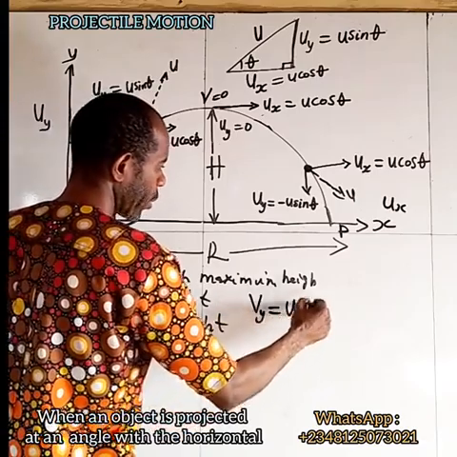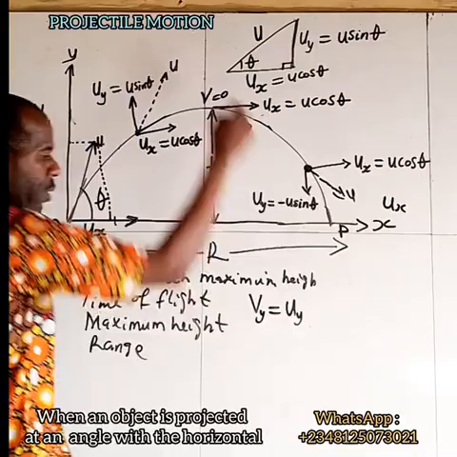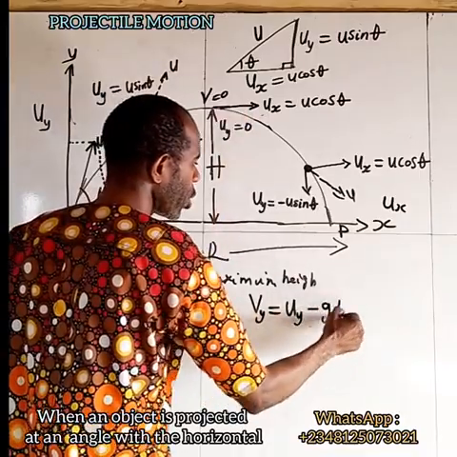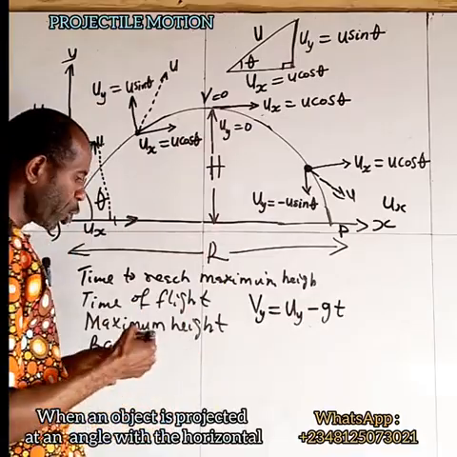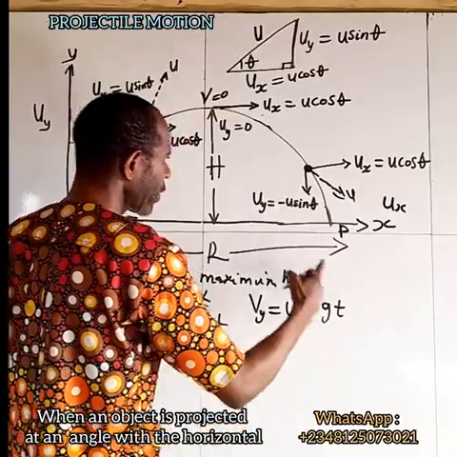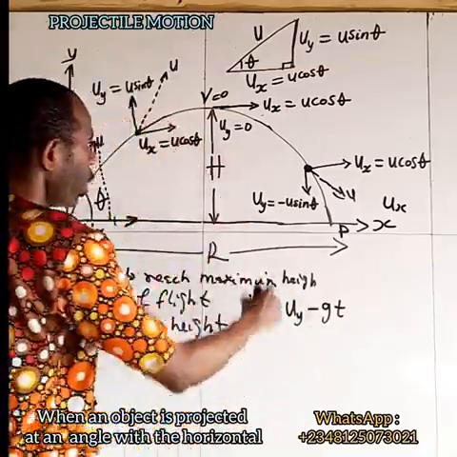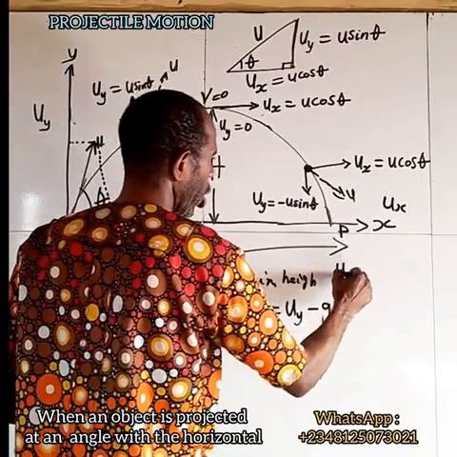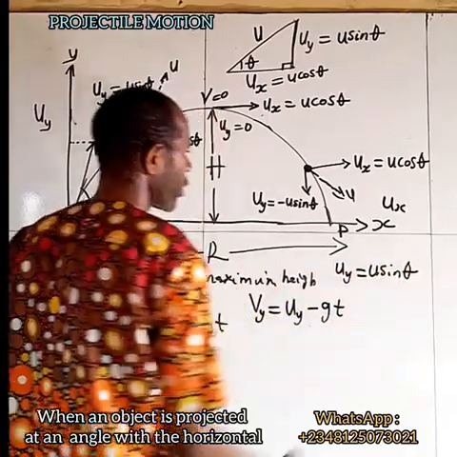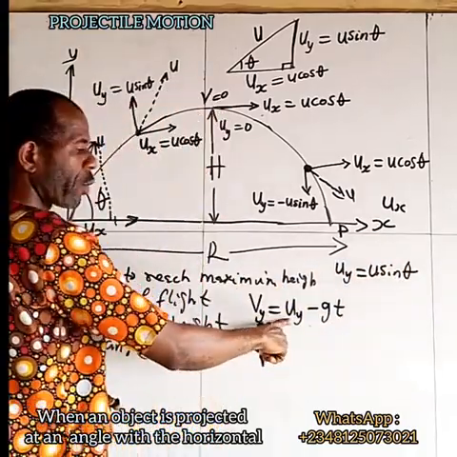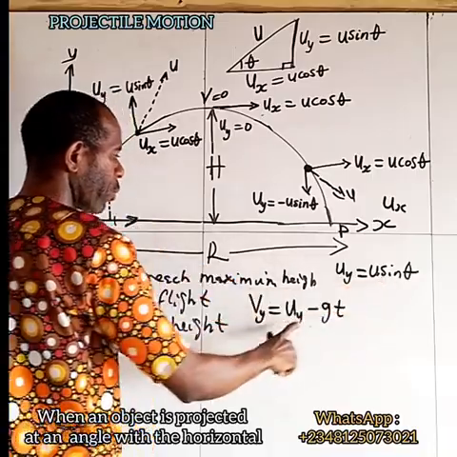Uy, as we are going upward, now we are projecting against gravity, which gives us a minus gt. So remember, this is our equation 1 of motion. Now, at this point, remember that Uy is equal to u sin theta. So this Uy is what we use u sin theta for. We are going to use this one to replace this.